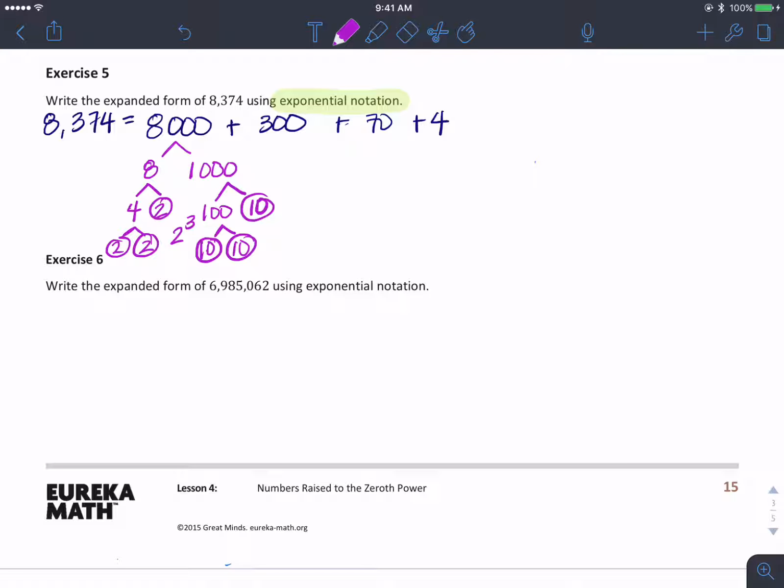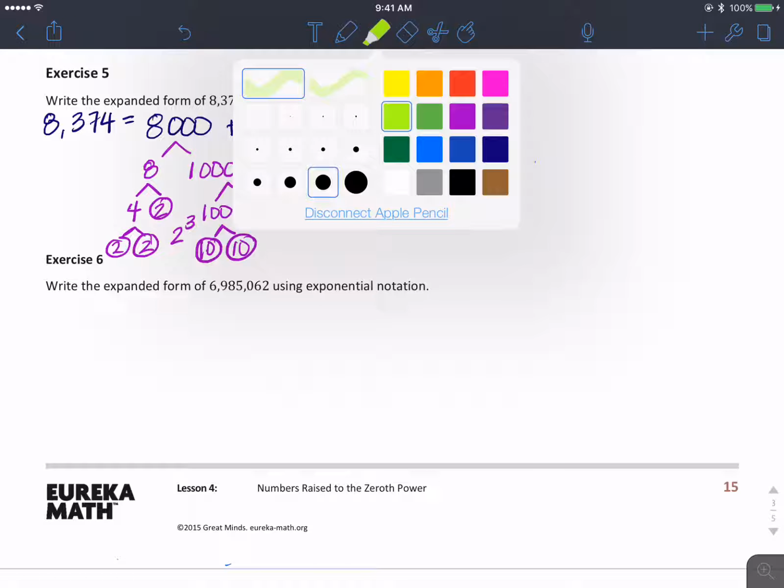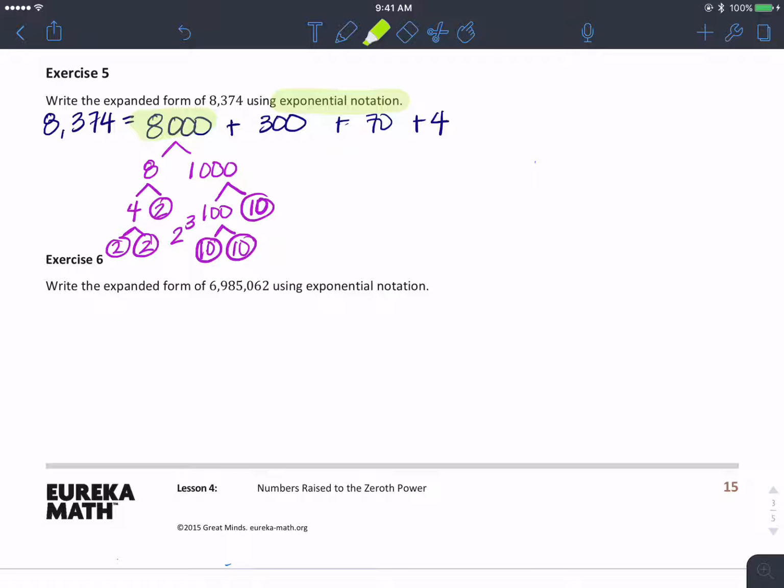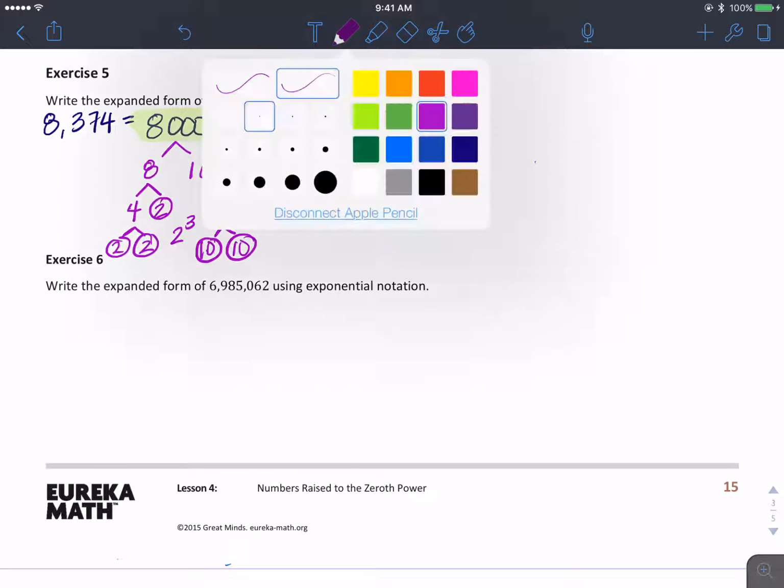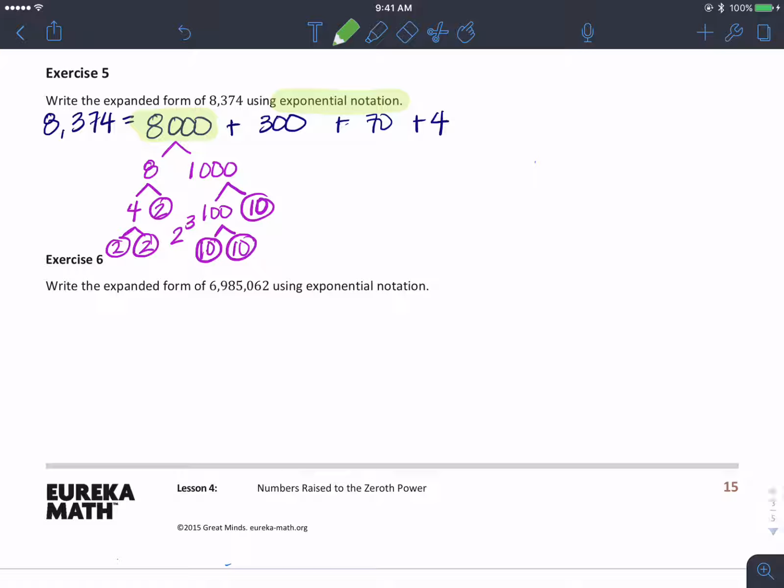We have our base 10, and we know that then 8,000 can be expressed in exponential notation as 2 to the third power times 10 to the third power.